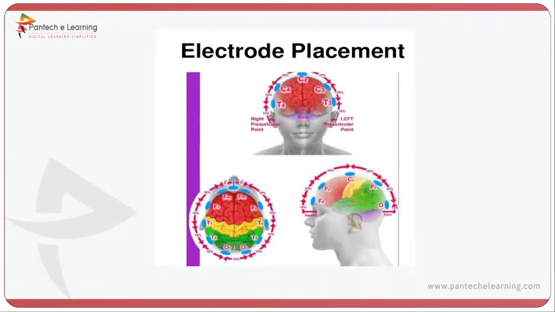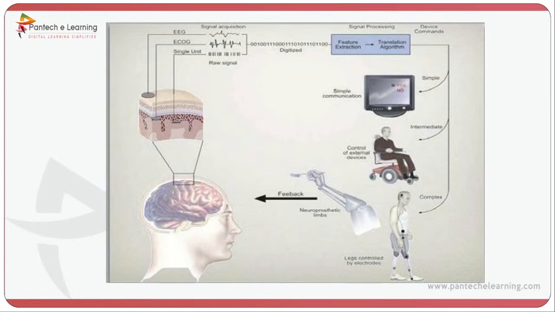So we are putting the electrode in the frontal lobe of your brain, the front of your head. Once your forehead is connected with any electrodes or BCI sensors, it is easy to communicate with your EEG signals. Once it is connected, these EEG signals will be converted into digitalized form, and then the pre-processing is done. After that stage, the signal processing is over.